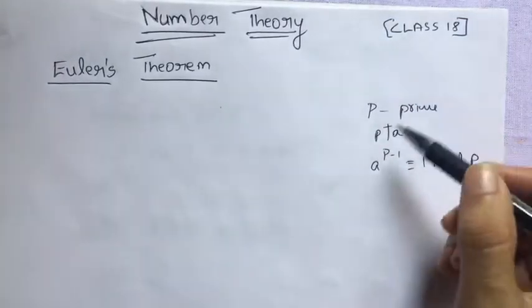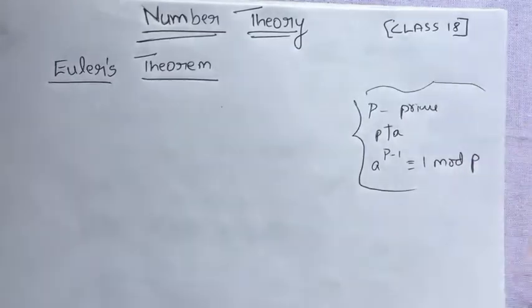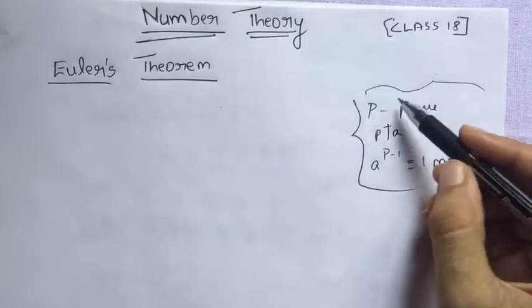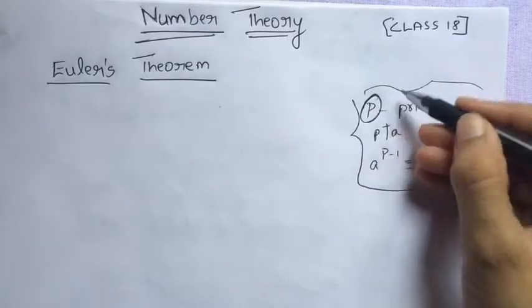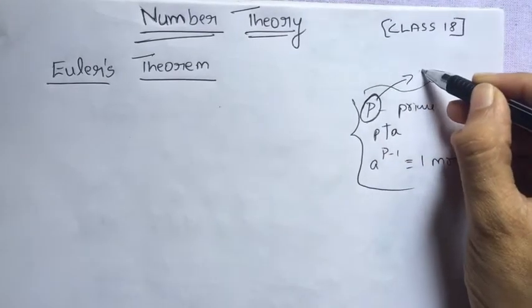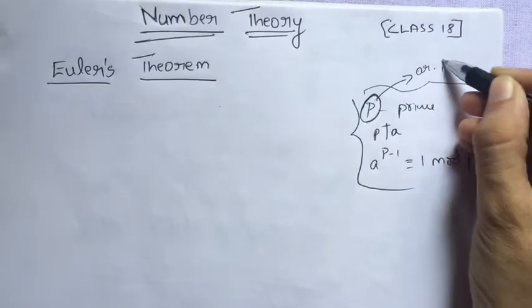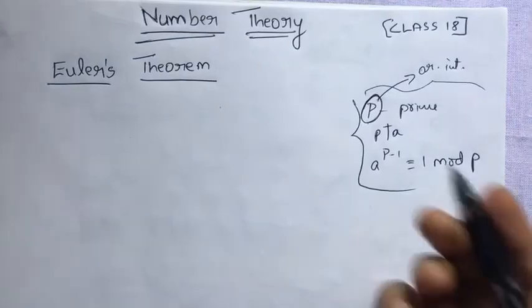Euler gave a first proof for this, but after some time he gave a proof by changing this. In fact, it's a tremendous change. He changed the prime number to an arbitrary integer.